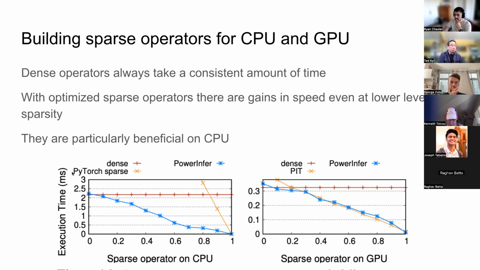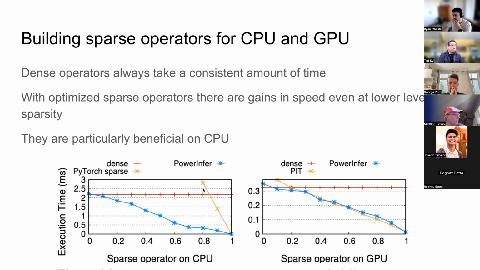And then there was an existing PyTorch sparse set of operators, but the problem with this was that it had very bad trade-offs where up until more than 80% sparsity, its cost is huge because it's very slow at lower levels of sparsity.